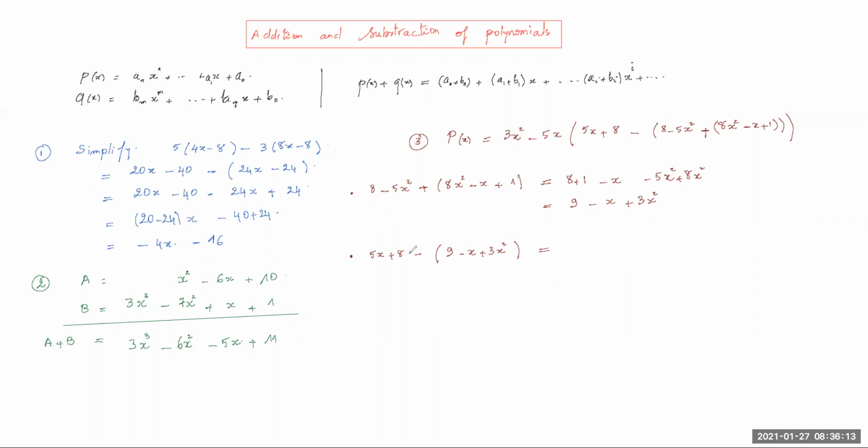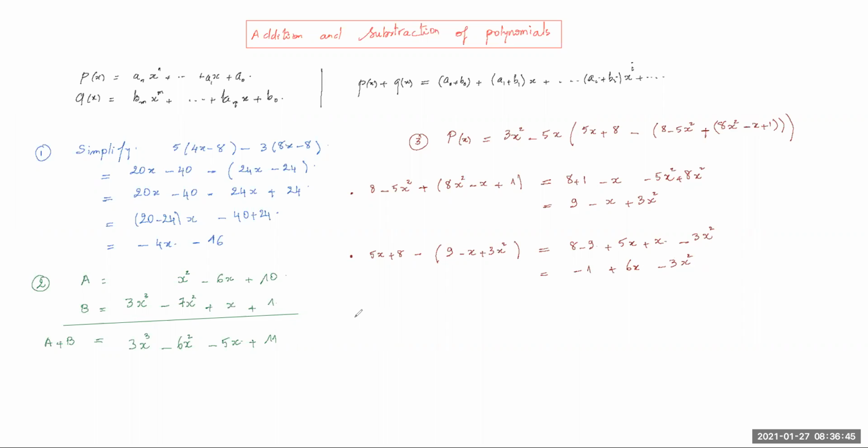The constants: 8 minus 9, do it slowly, plus 5x, and minus minus x will be plus x, and then minus times plus, so it will be minus 3x^2. Finally, I have minus 1 plus 6x minus 3x^2. So this whole expression is simplified to this one.